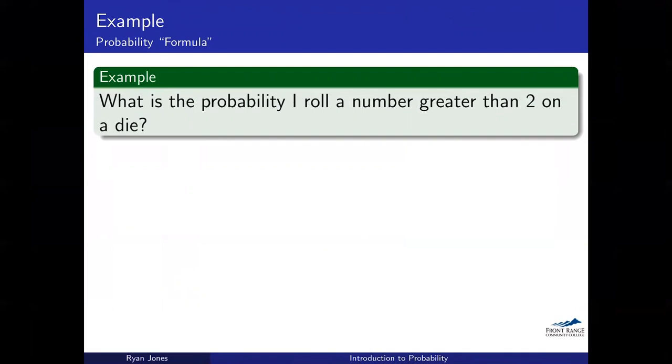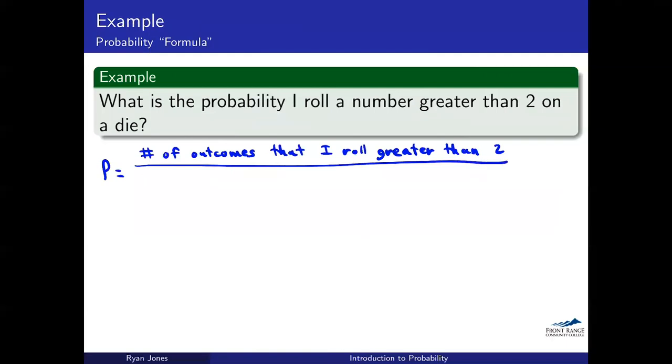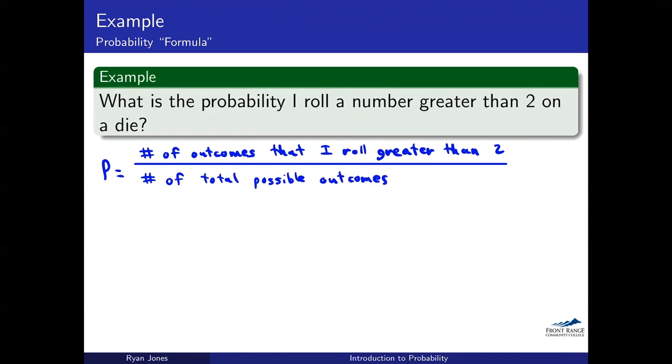Well, the probability is the number of outcomes that I roll greater than 2, and then I divide that by the number of total possible outcomes. So I'm being very explicit here in what I'm writing out.